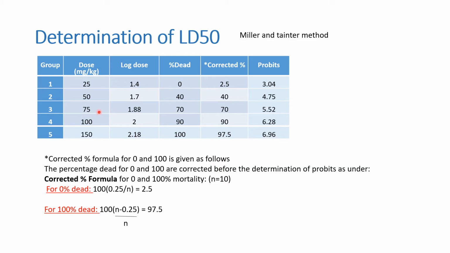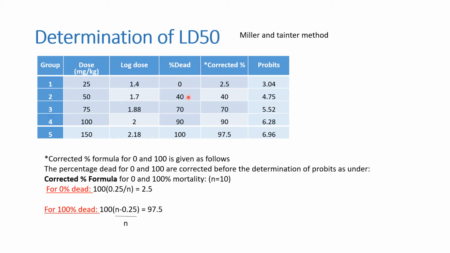In case of 75, 70% death occurred, which means out of 10 animals, 7 died. In case of the 100 mg per kg dose, the death is 90%, and in case of the last dose, 150 mg per kg, all the animals died due to the effect of the drug. So at the end of the experiment we got this result.